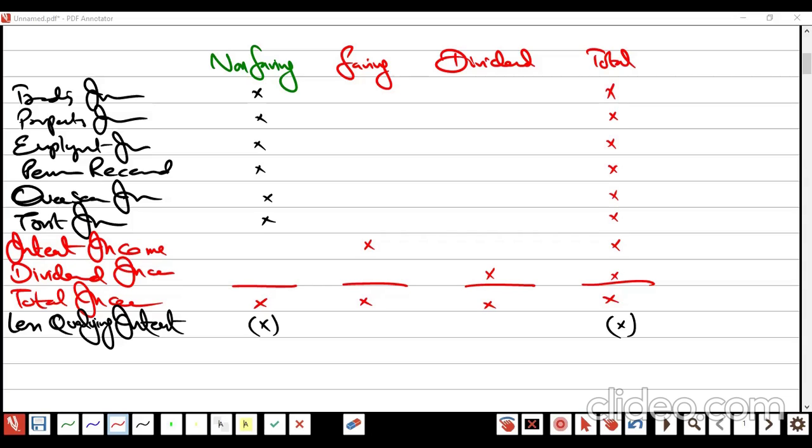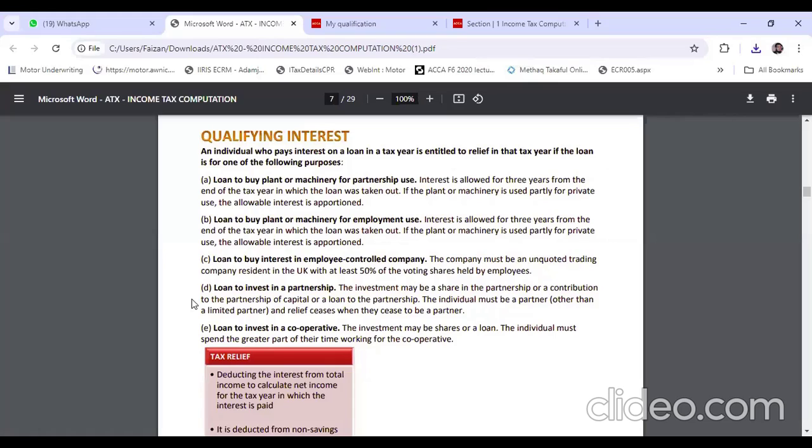Because of a loan. A taxpayer is paying interest if he acquired or took a loan. Am I right or am I wrong?